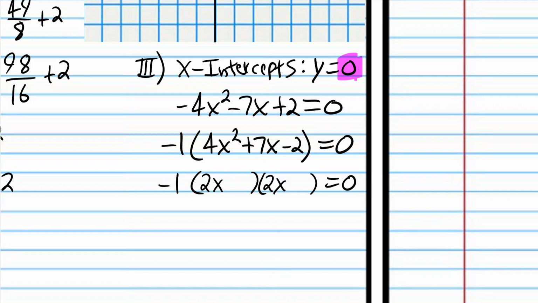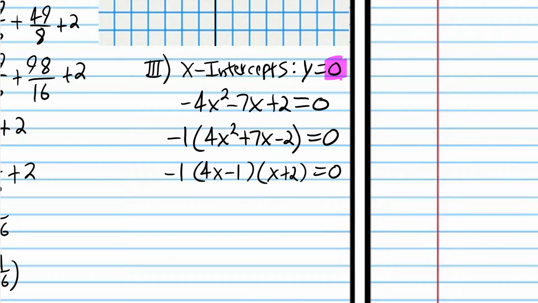It's going to be negative 1 and positive 2, or we might have to switch the signs. And it looks like that's not going to work. So I'm going to try to change these to 4 and 1. And then if we FOIL that out, it looks like that's going to work.